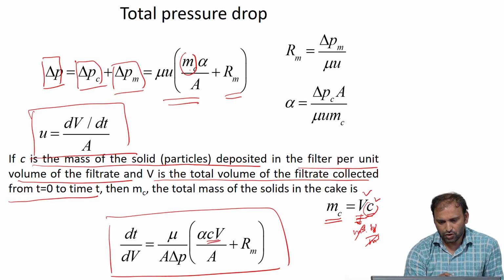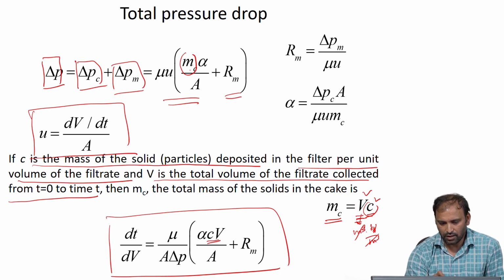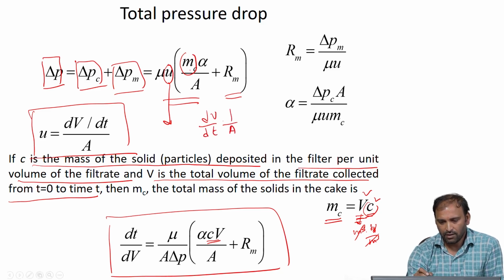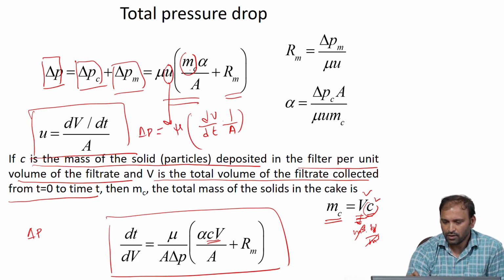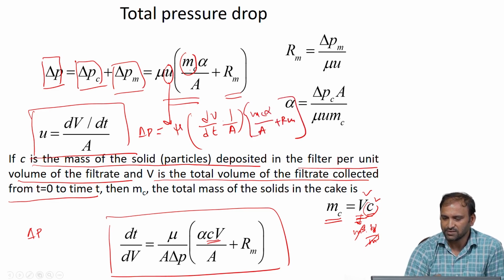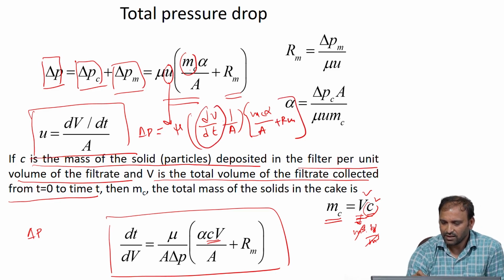And of course I have u here, which I'm going to write as dV by dt multiplied by 1 over A. Because I have delta P equal to dV by dt multiplied by mu into (mc alpha over A plus Rm), I can get this dV by dt to the other side, which becomes dt by dV.